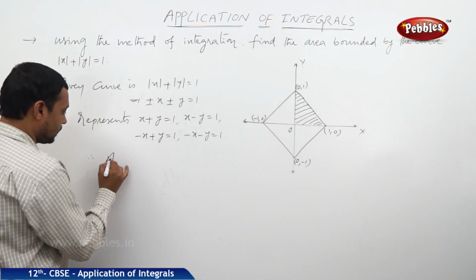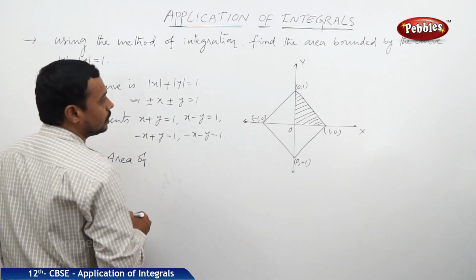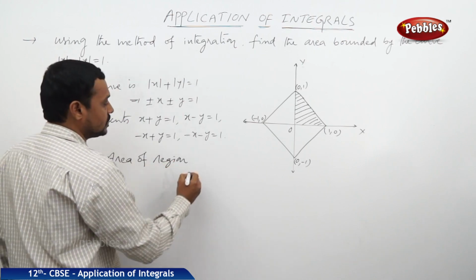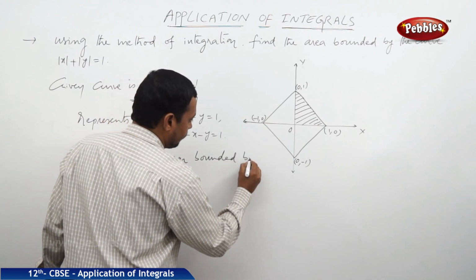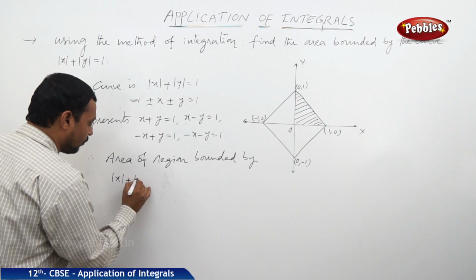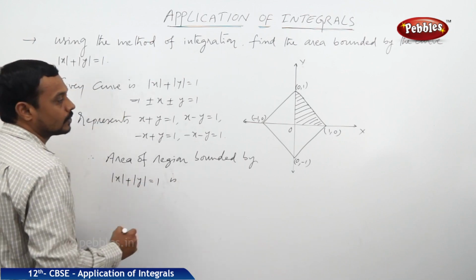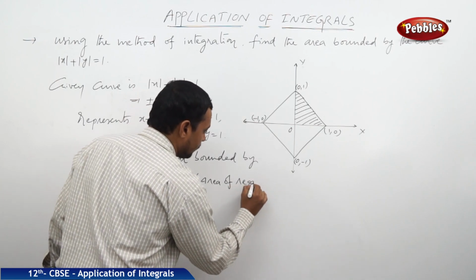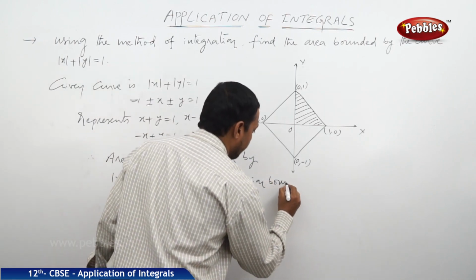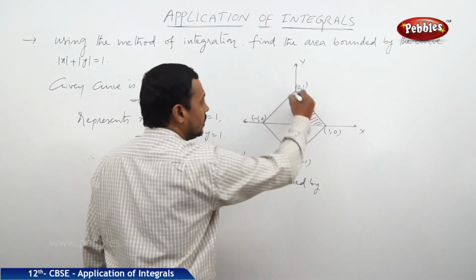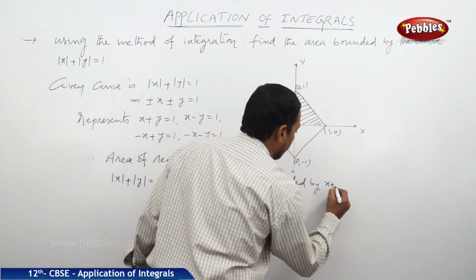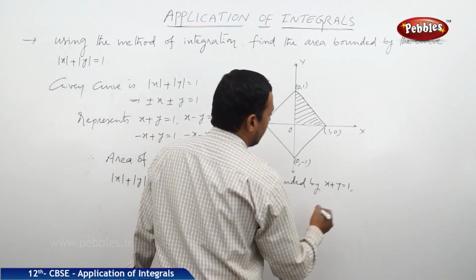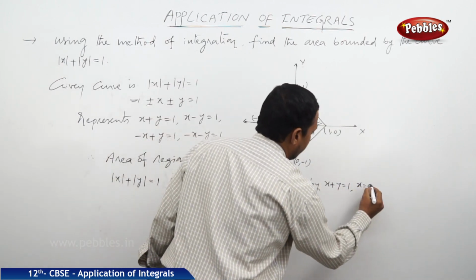Therefore, the area of the region bounded by mod x plus mod y is equal to 1 is 4 times the area of the region bounded by the straight line x plus y is equal to 1, under the limits x is equal to 0 and x is equal to 1.